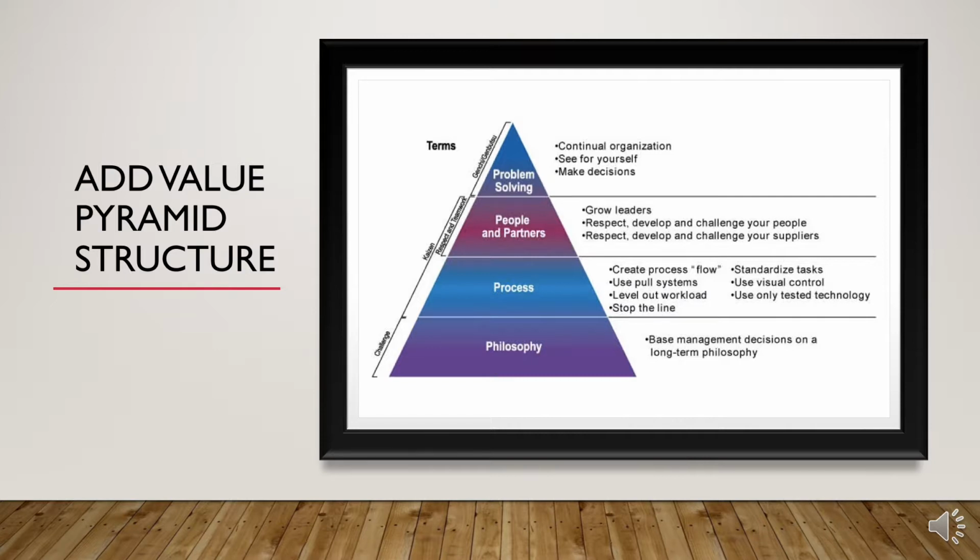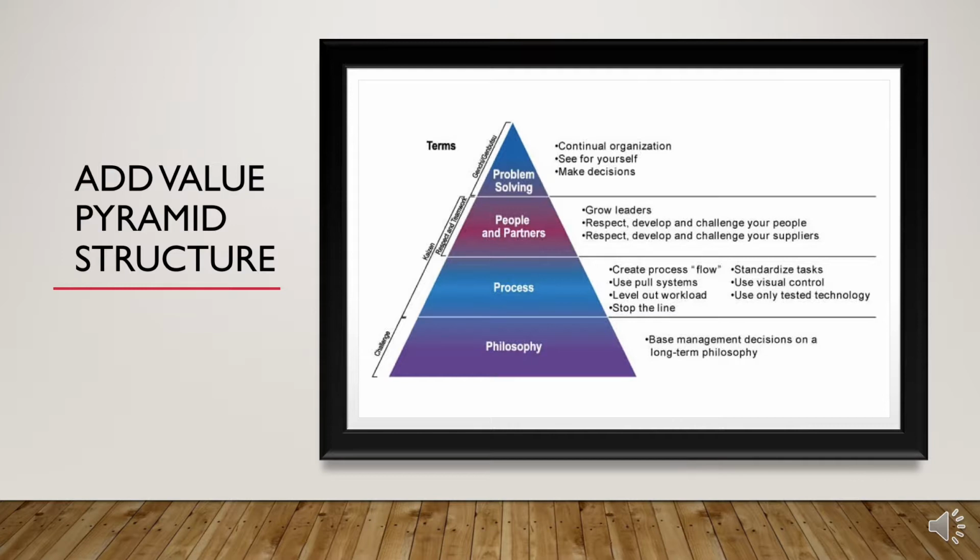So process is about using different kinds of processes which secure the TPS ideology, like creating process flow using a pull system, so that the product is made when it is needed. A pull system is something like in a grocery store, where products are pulled based on the level of that product, and the store manager will fill it back into the rack.